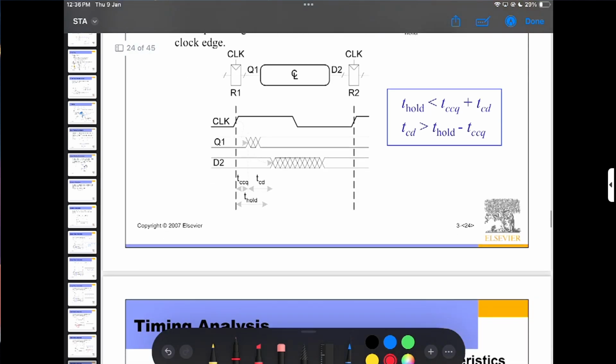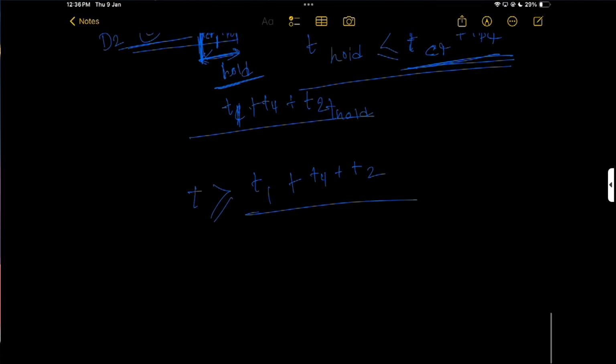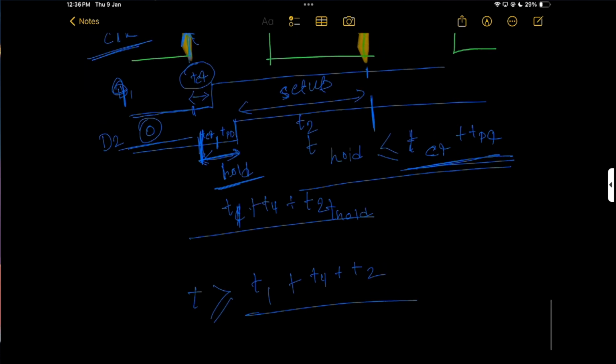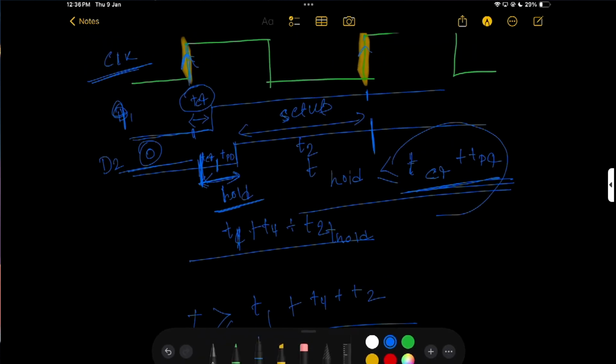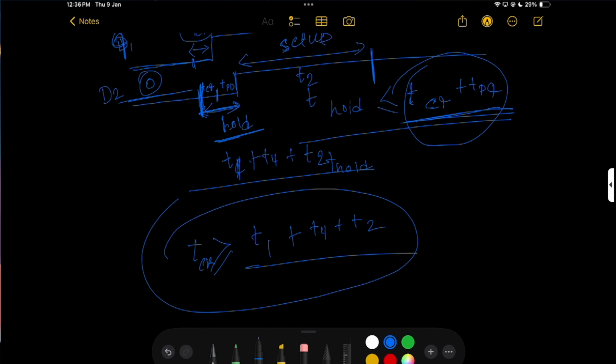Okay, so all the equations you can understand from here. My T hold is less than TCQ plus TPD, and my clock period is at least T1 plus T4 plus T2.